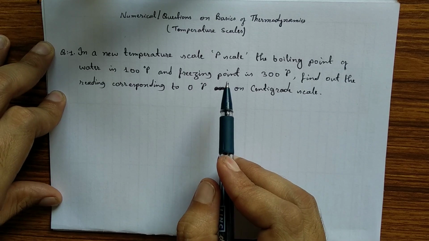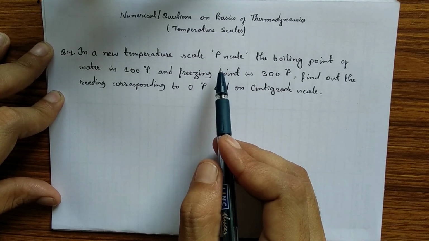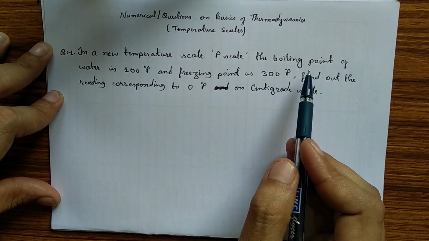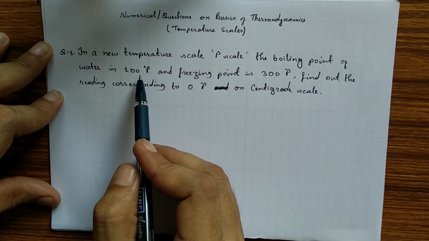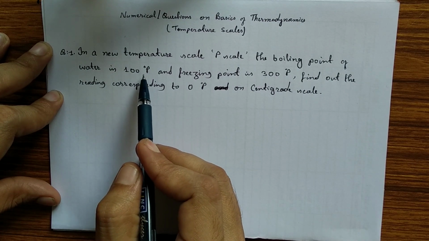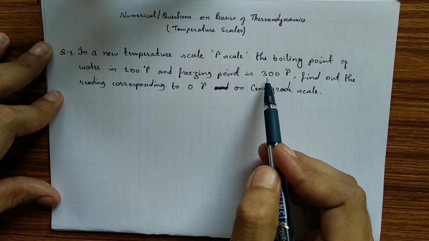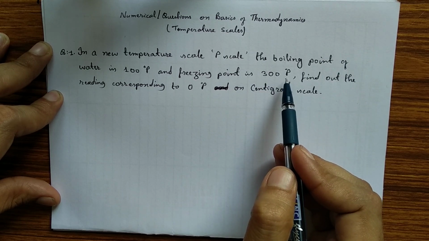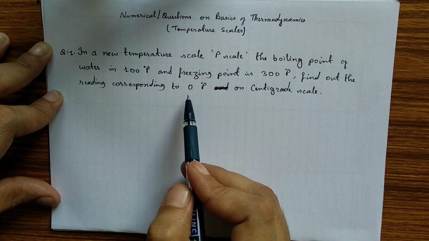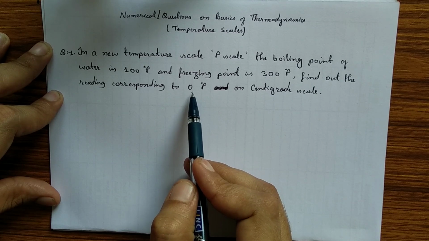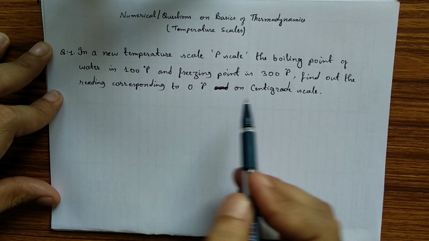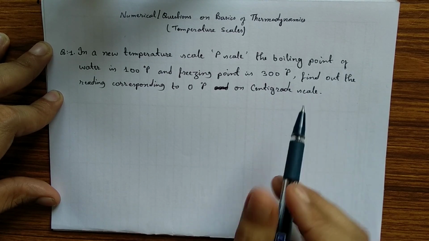So here we are going to construct a new scale in which the boiling point is 100 degree P and the freezing point is 300 degree P, and we want to know the value corresponding to 0 degree P on the centigrade scale.